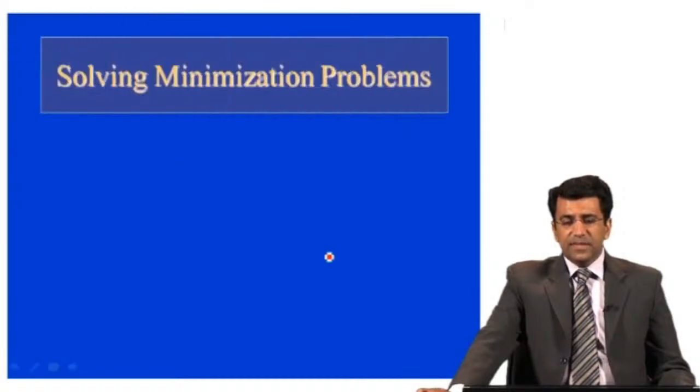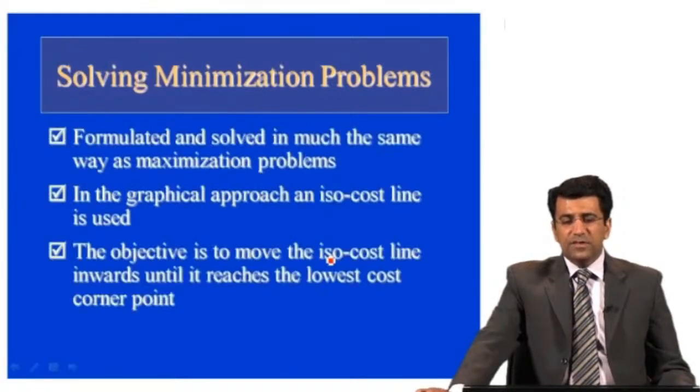Let's discuss the different steps, and how it is similar to the method of profit maximization. Again, this minimization problem is formulated and solved in much the same way as maximization problems. So the method is almost the same, the steps are almost the same.